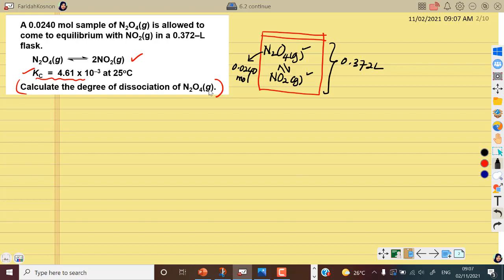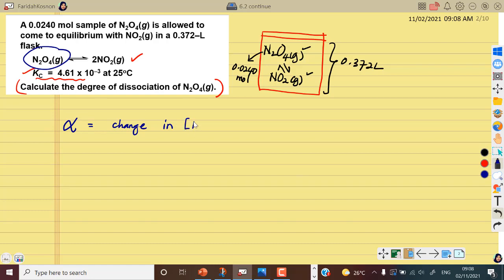Okay, so now how to calculate the degree of dissociation? So kalau kita lihat tadi formula, okay, saya tulis dulu formula. Alpha or degree of dissociation is equal to change in concentration of reactant. So siapa reactant kita sekarang?